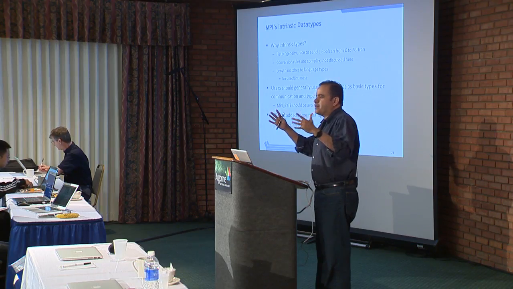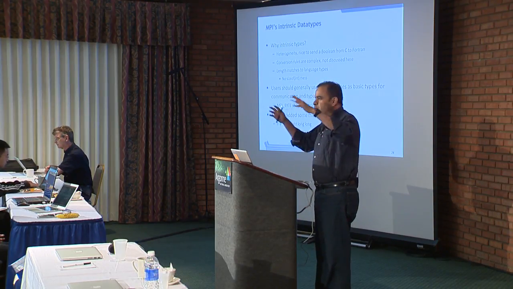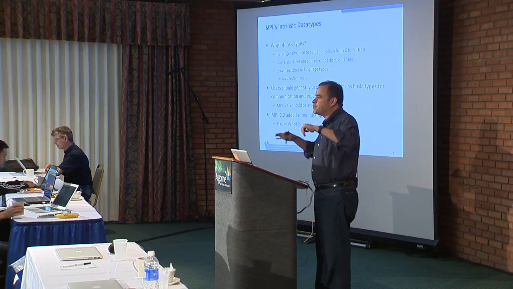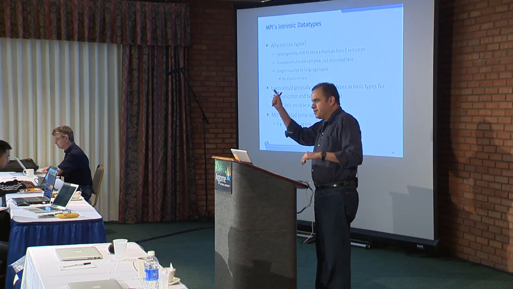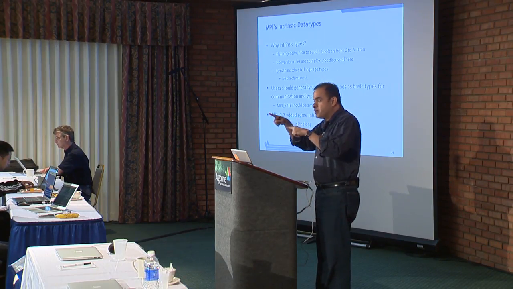One of the reasons is that you might be running on a heterogeneous system, and by heterogeneous I mean different byte ordering. So if you're running on a cluster that had some Intel chips and some other chip that had different byte ordering, and you had an MPI implementation that could run across such a system, if you just used MPI byte as the type, you would have to do the data reordering yourself to get the right data.